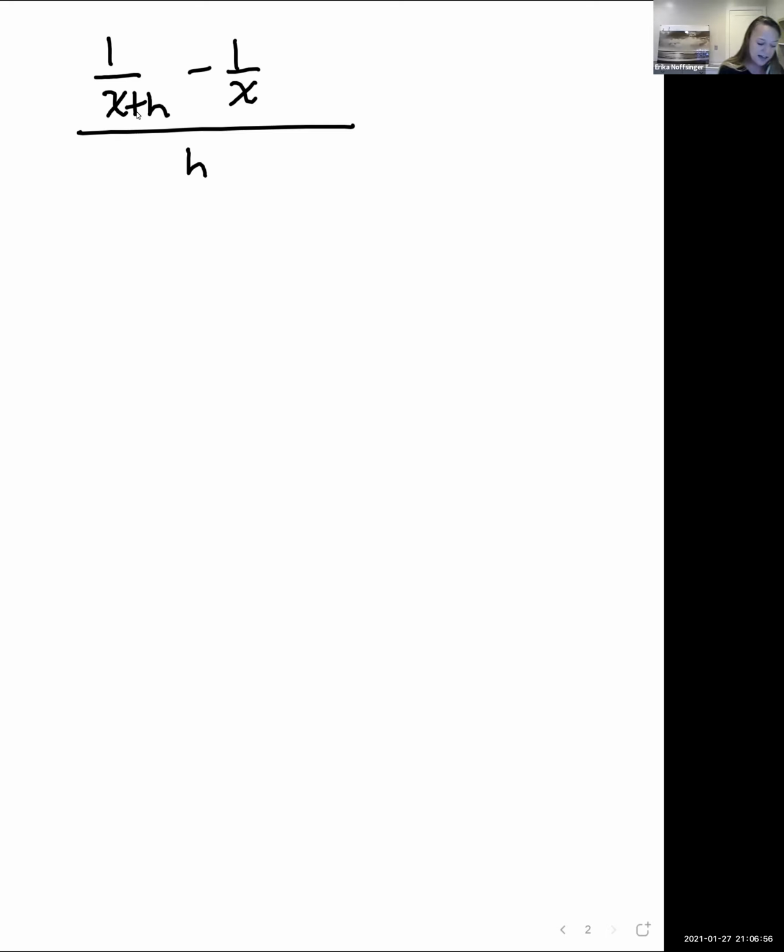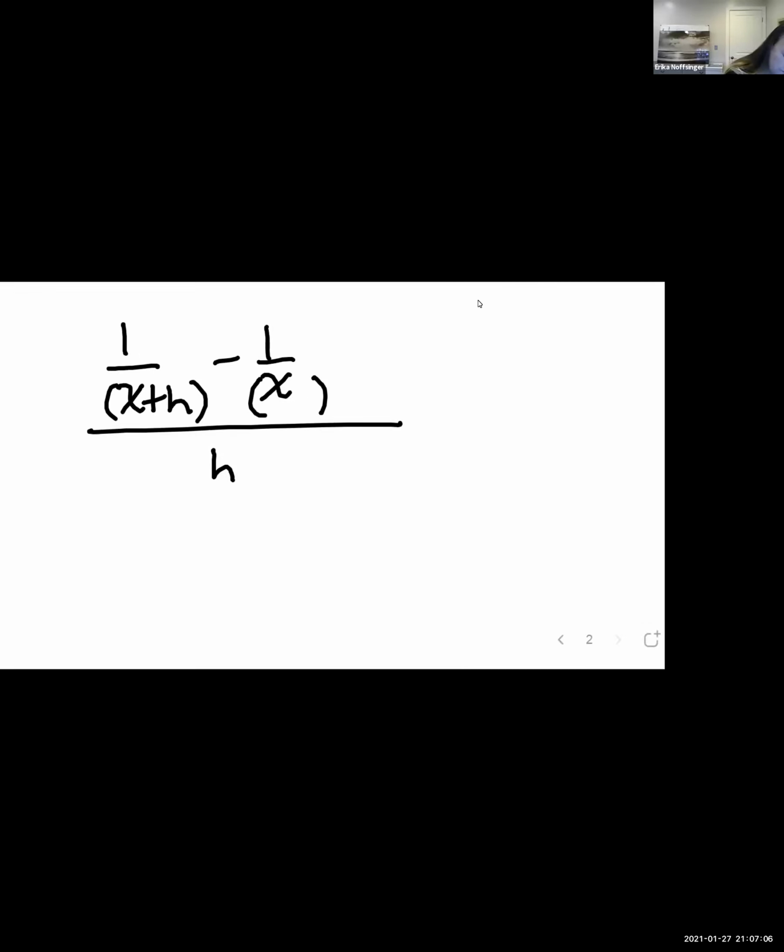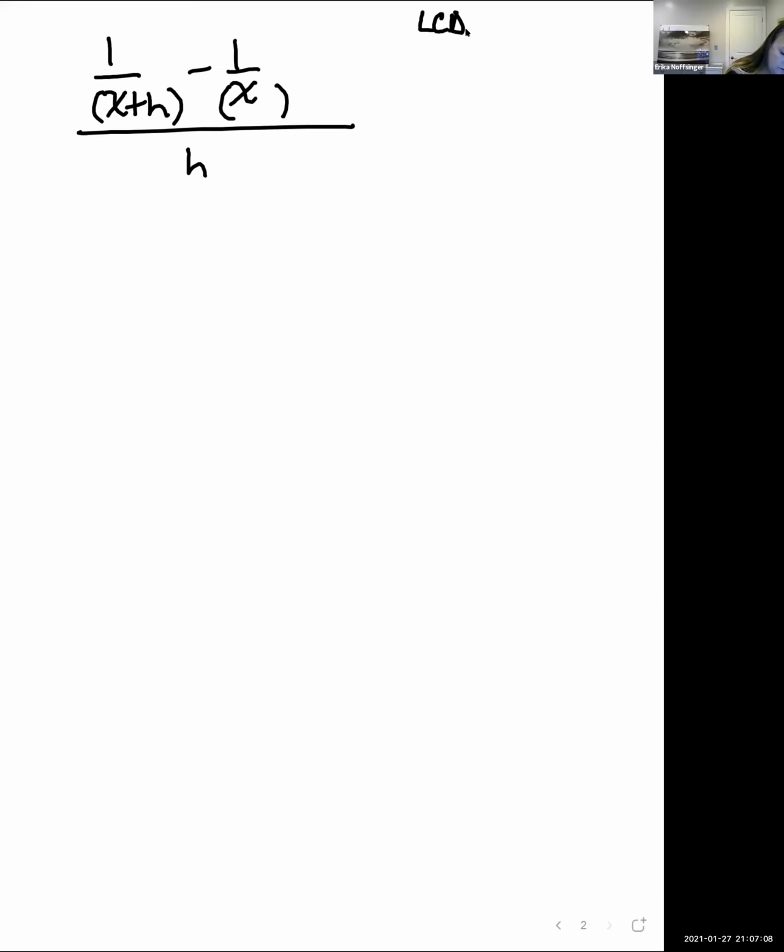So if I look at this, I have this x plus h as a denominator, and I have this x as a denominator. So my LCD is equal to this x plus h, that quantity, so parentheses around the whole thing, times x.